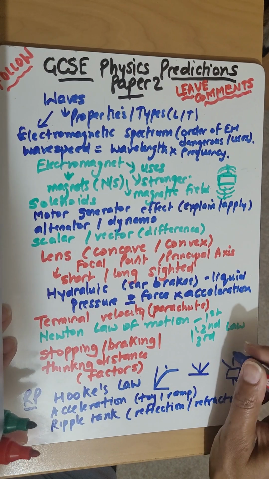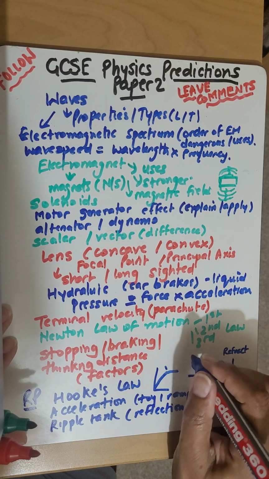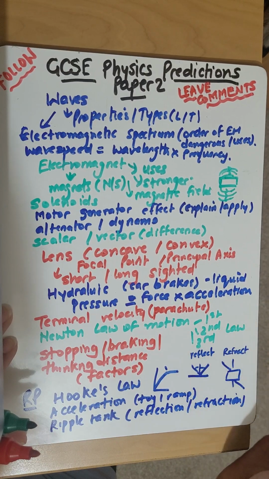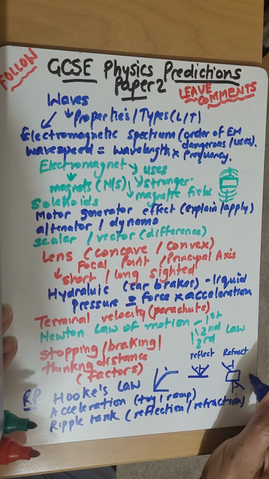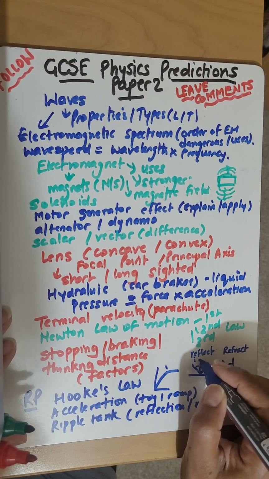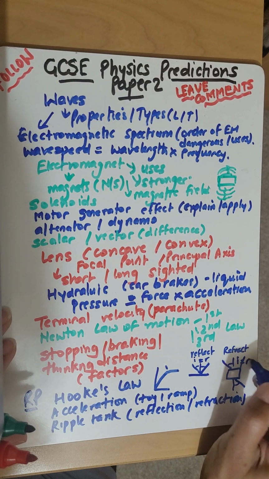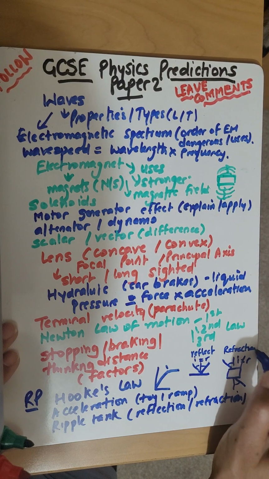So that's refraction, and this is reflection. That angle is equal to that. This angle is not equal to that. So angle of incidence equals angle of reflection. Here angle of incidence is not equal to angle of refraction because you're going through a different medium.